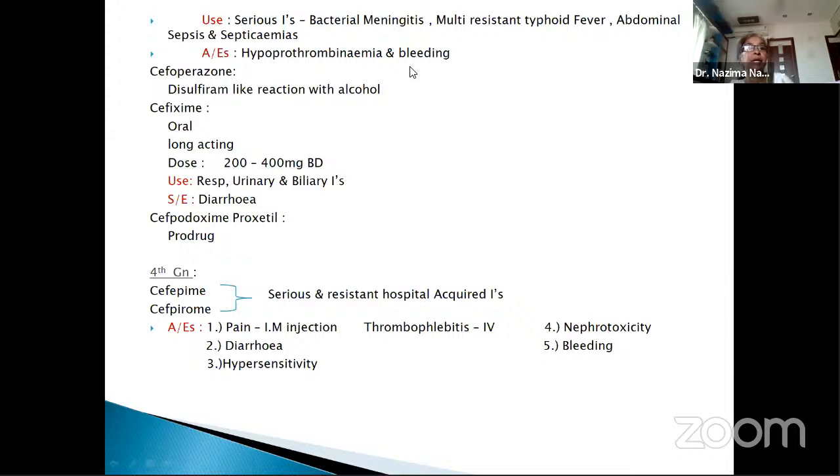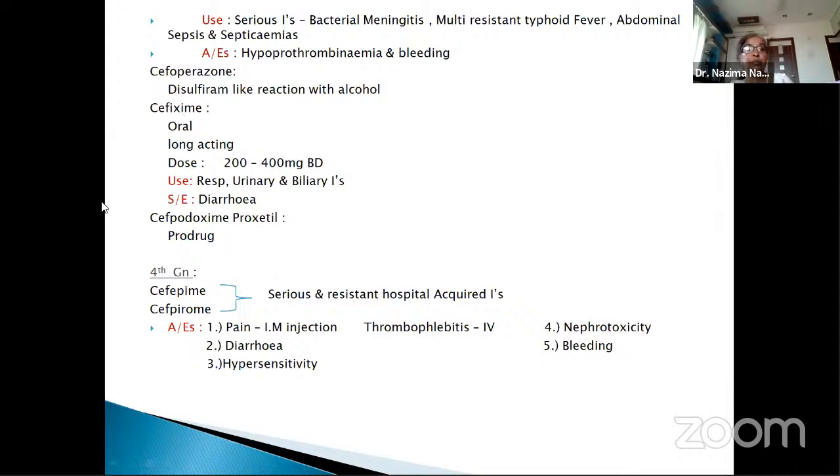Coming to cefoperazone, this drug has a disulfiram-like reaction with alcohol, and therefore the patient should be advised not to consume alcohol after taking it. Then coming to cefixime, which is an oral, long-acting drug.